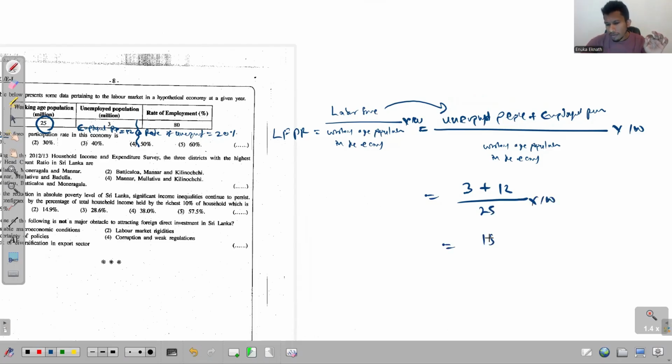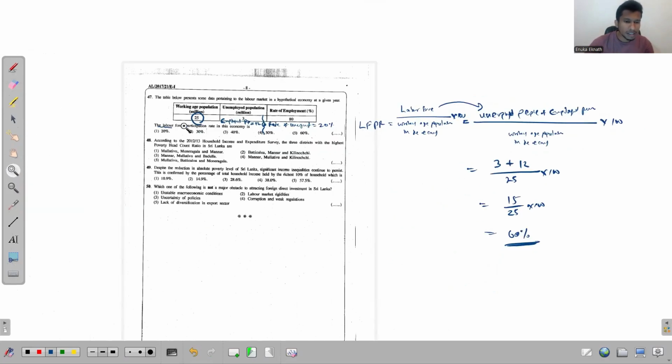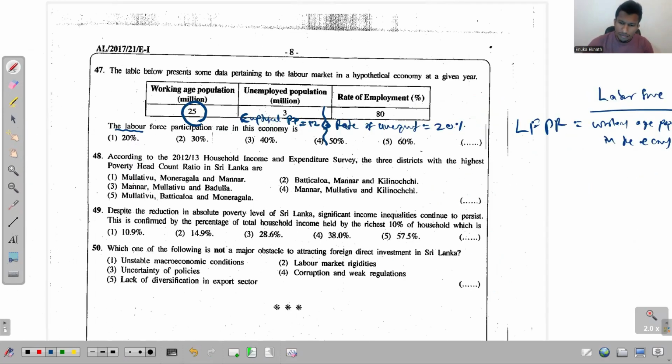So simply 15 over 25 into 100, this is 60%. So labor force participation ratio in this economy is 60%. See, fifth one is the answer.